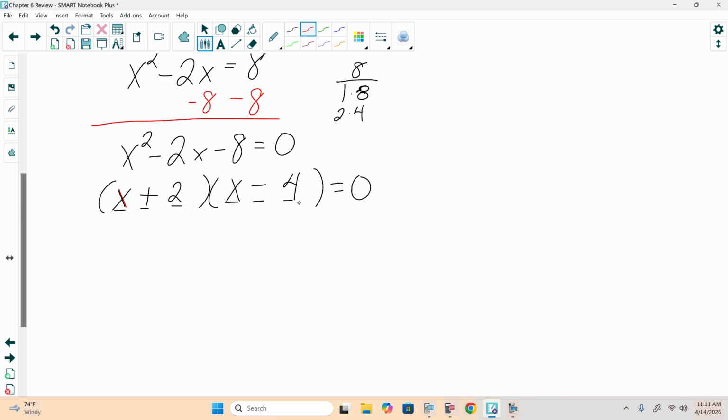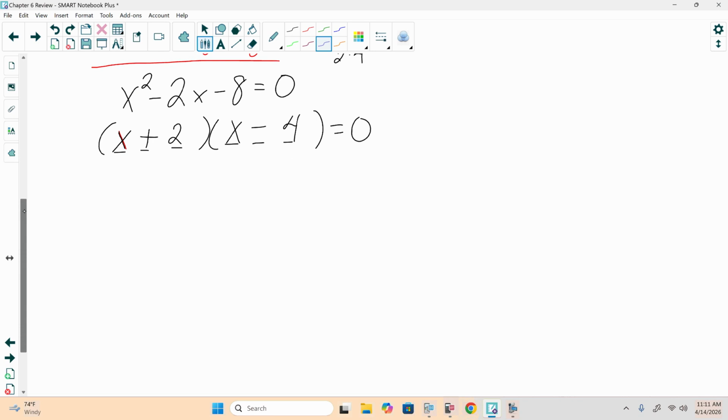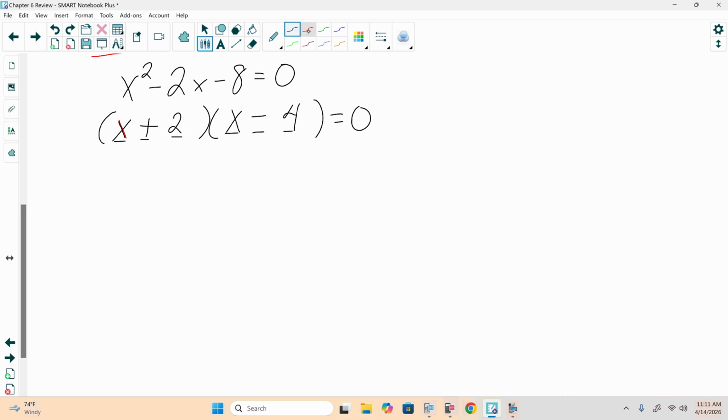And if we want to check and make sure we got the correct factors, we'll multiply our outer and inner. X times negative 4 would be negative 4x. Positive 2 times x would be positive 2x. So negative 4x plus 2x, negative 4 plus 2 is indeed negative 2x that we wanted. Questions on this here?